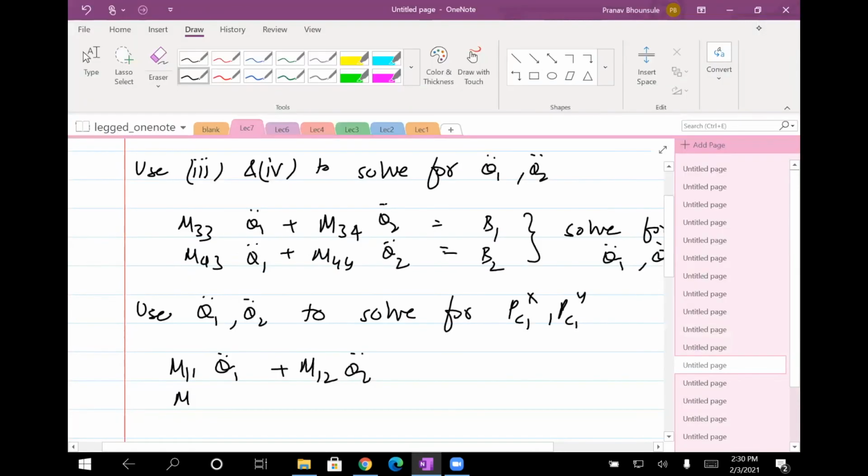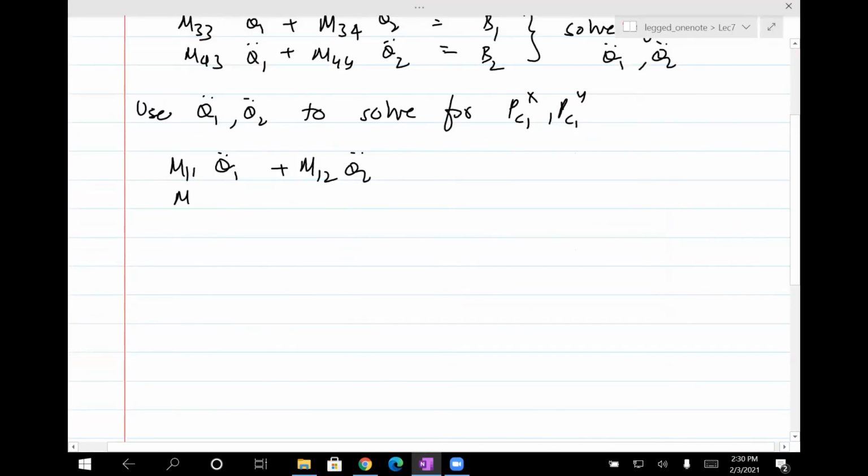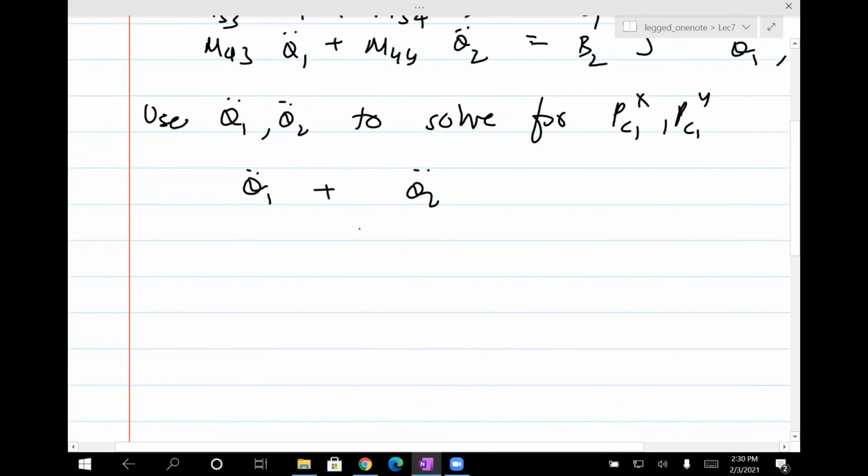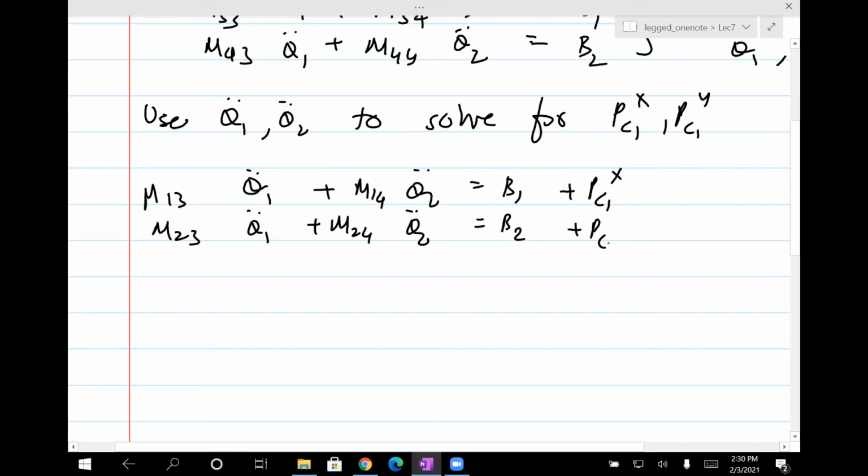Hope I'm getting it right. Oh, I think this is not right. There's no M11. It should be M13, M14, M23, M24 times theta double dot equals P1, P2 plus J terms times PC1x and PC1y.